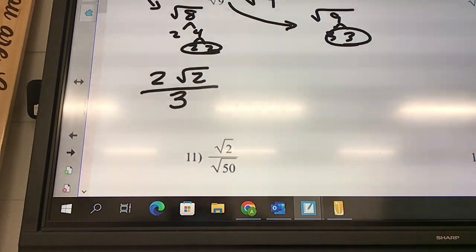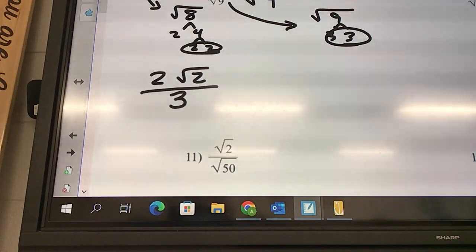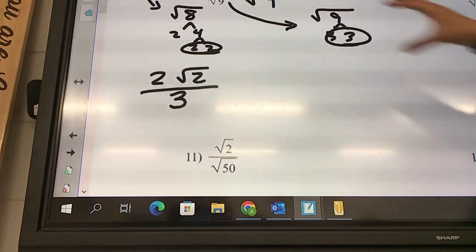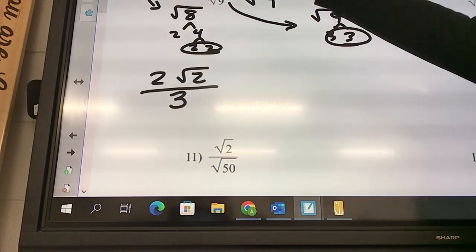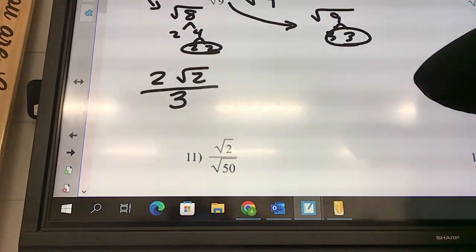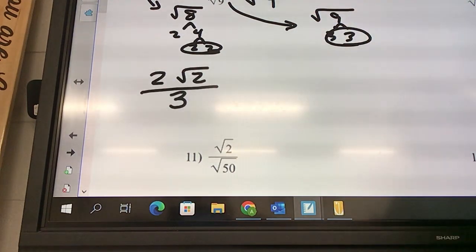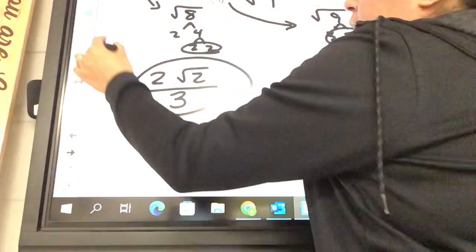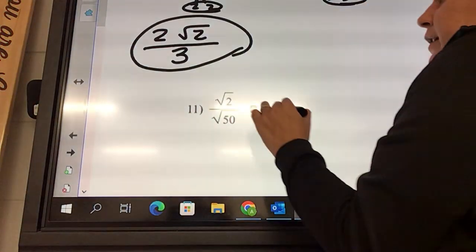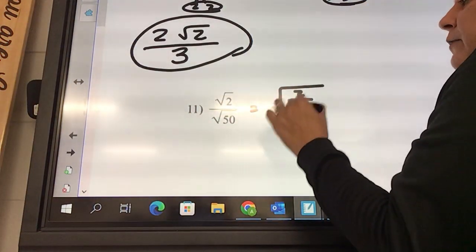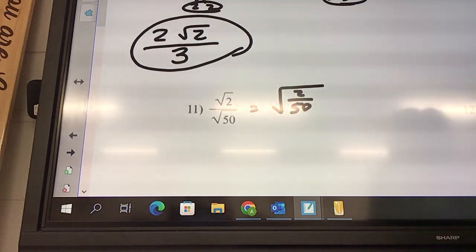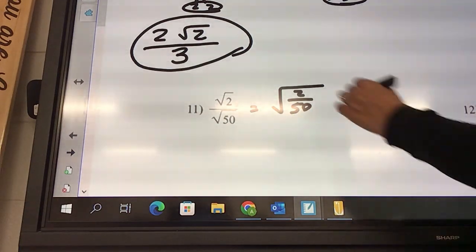However, I would always check it first as a fraction, because it makes it 10 times easier if it works out. If it doesn't, then you have to do each radical separately. So look at 11. You can rewrite this as the square root of 2 over 50. Does that fraction simplify? 1 over what? 1 over 25.